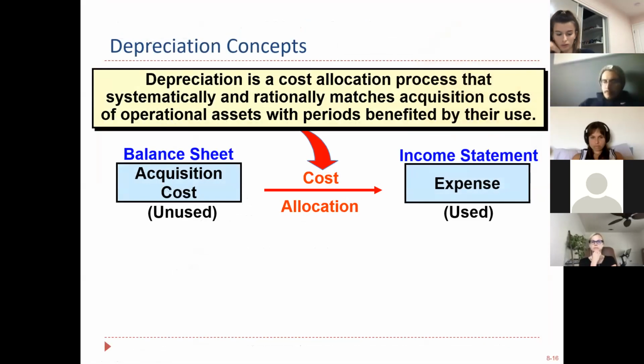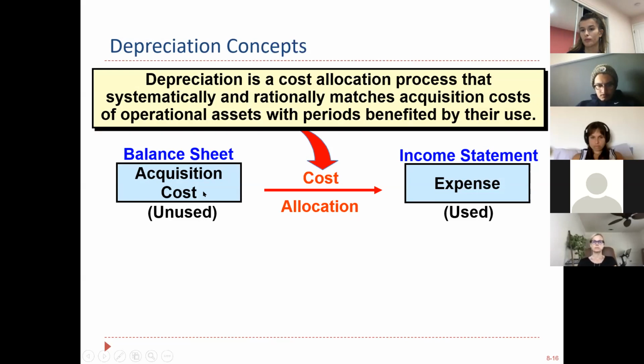Now we get into the guts. Depreciation is an allocation process. We're taking the cost of that machine. We bought a machine for $100,000 today, and that machine's going to last us 10 years. We are going to allocate the cost of that machine over 10 years by debiting depreciation expense and crediting accumulated depreciation.